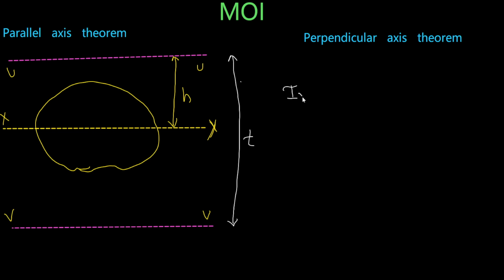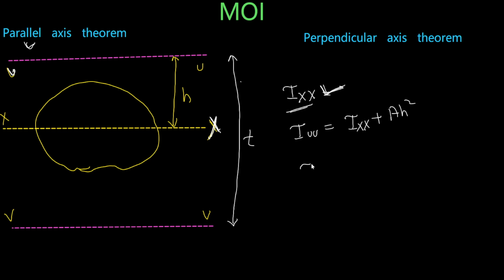If you know Ixx, you can calculate the area moment of inertia about the other parallel axis also. So if you know Ixx, Iuu is equal to Ixx plus area times h square, like in mass moment of inertia that was mh square, here it is Ah square.